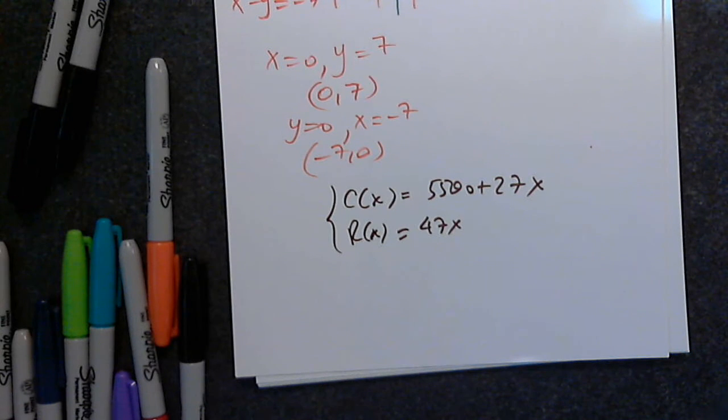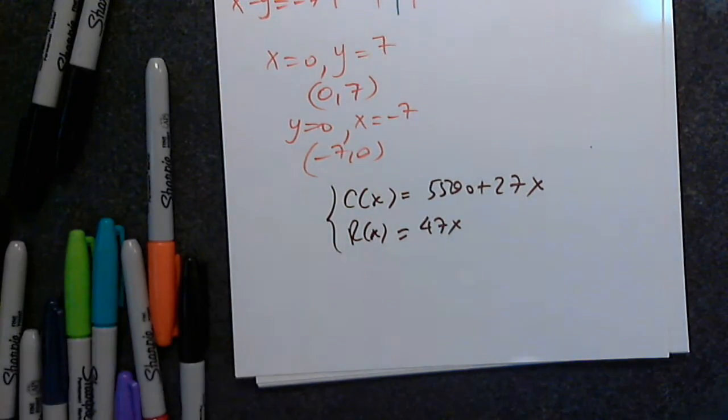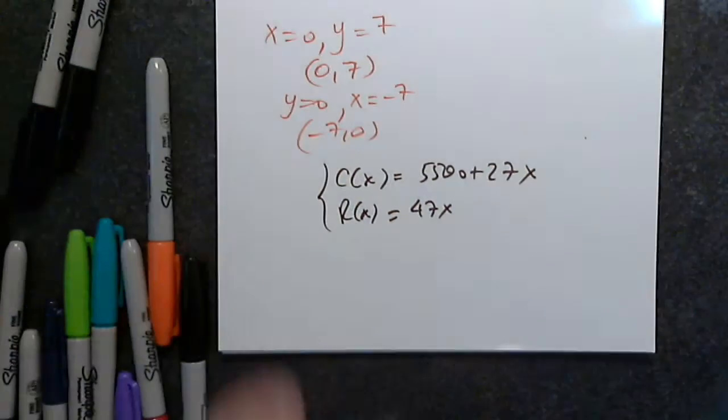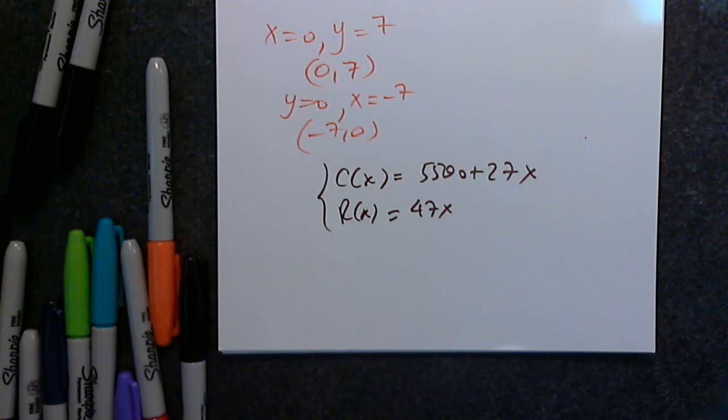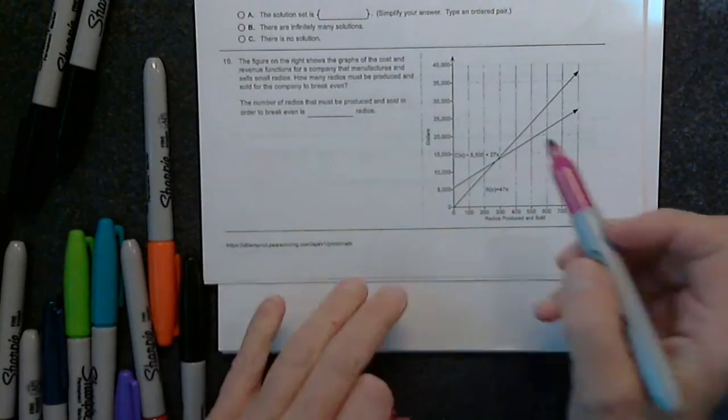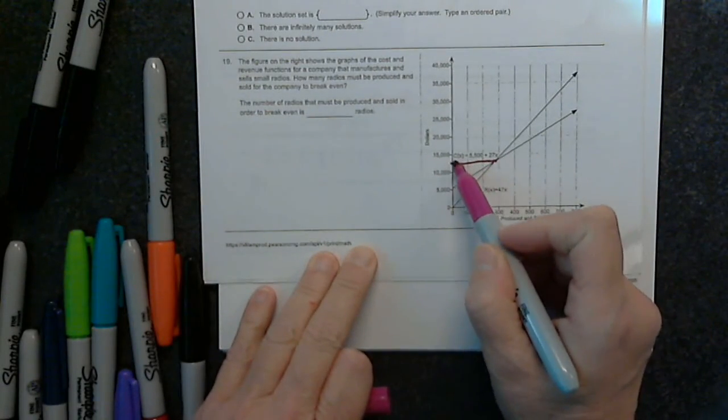So how do we proceed? What do we need to do? You understand that at every point of intersection, the y value is the same, right?